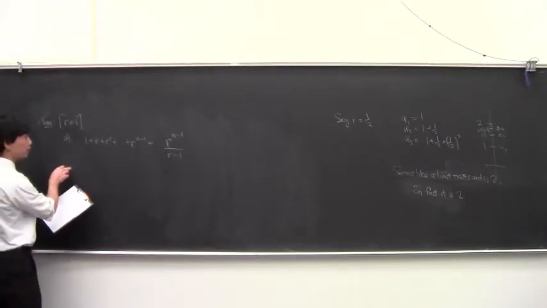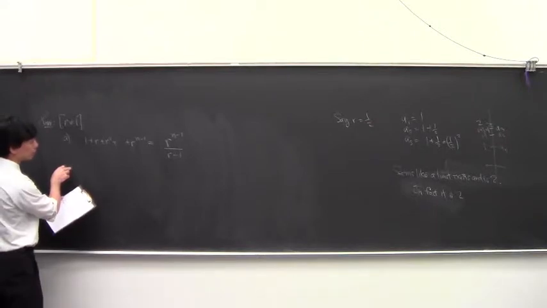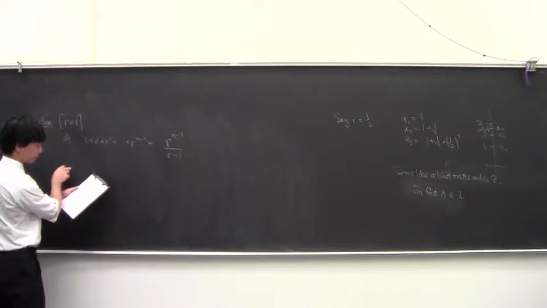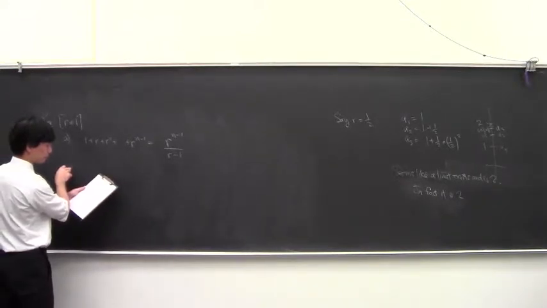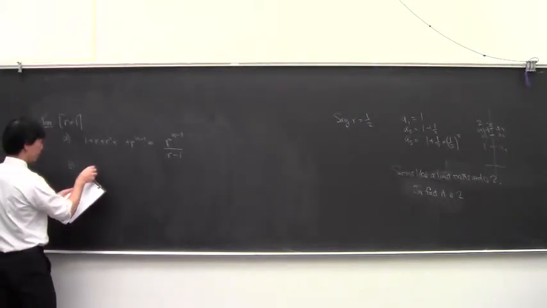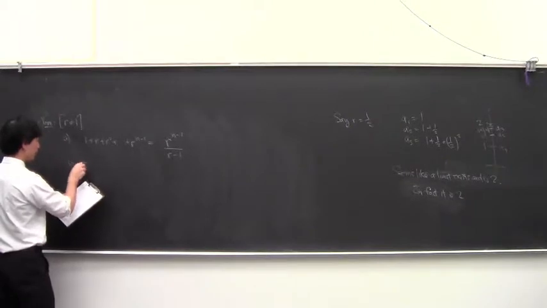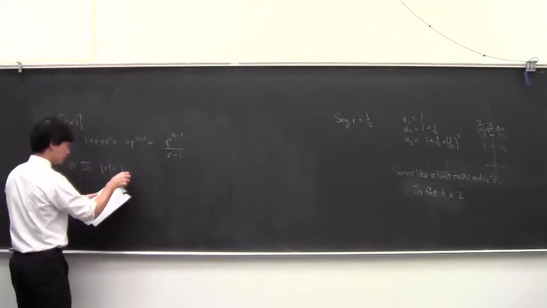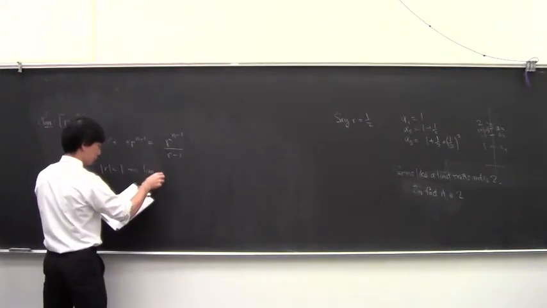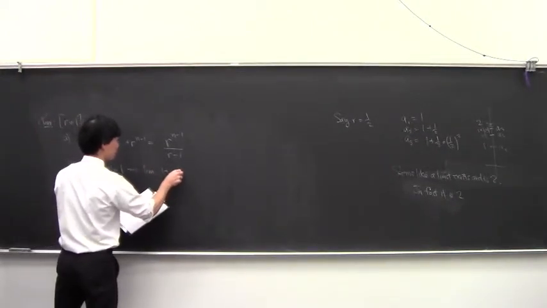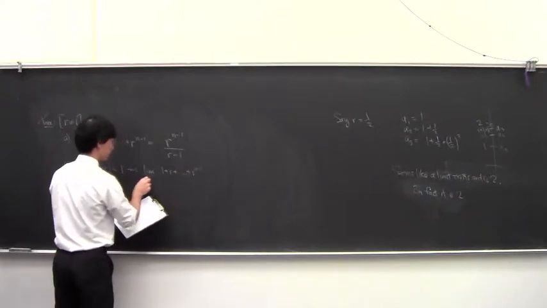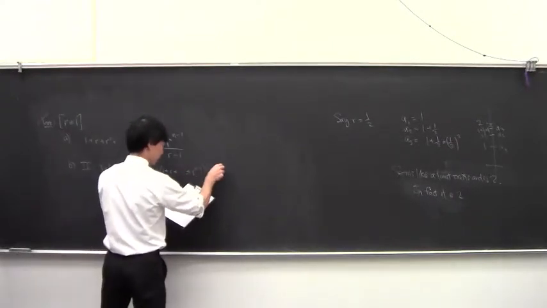And the second one is that if the absolute value of r is less than 1, then the limit of 1 plus r plus up to r to the n minus 1, as n goes to infinity, is 1 over 1 minus r.